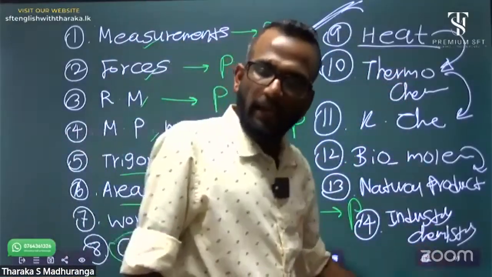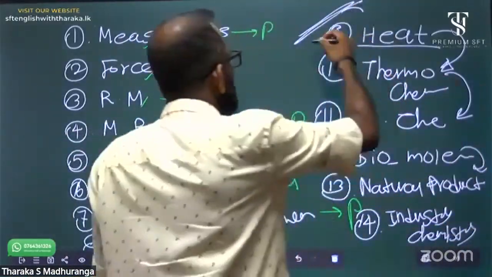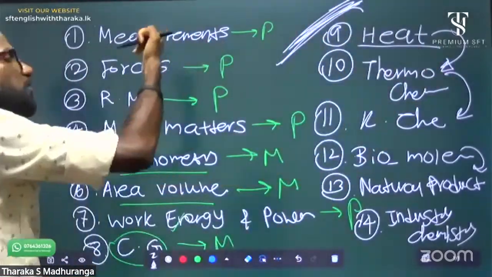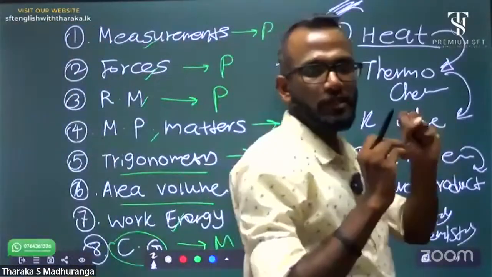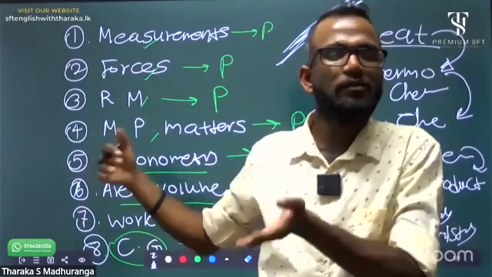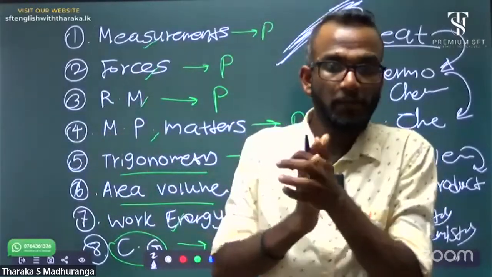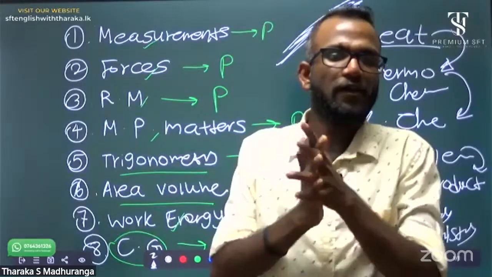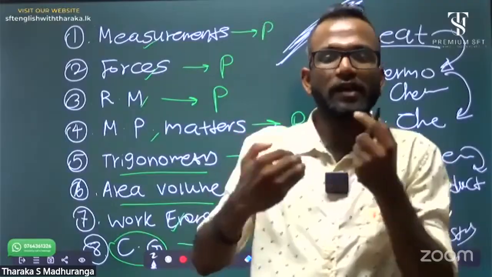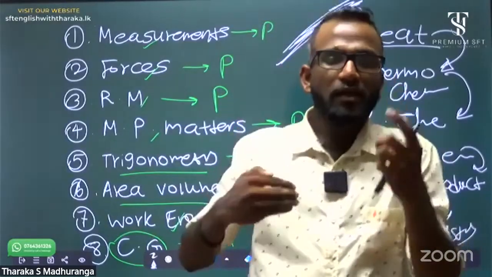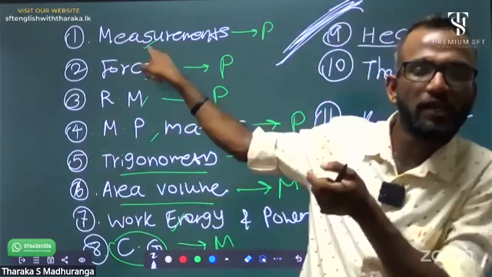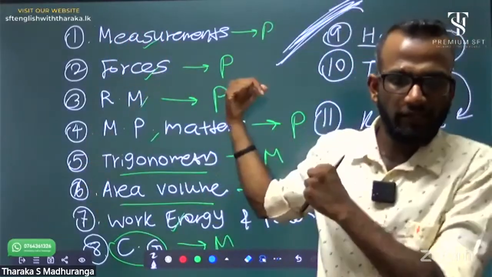Okay, that's our plan. But when we focus more on this section, this left side of basic lessons, measurement, forces, rotational motion, mechanical properties of matters, trigonometry, can be forgotten. Okay, that's our purpose of doing this session: again revise and refresh these basic lessons, because there is no more interconnection like this.